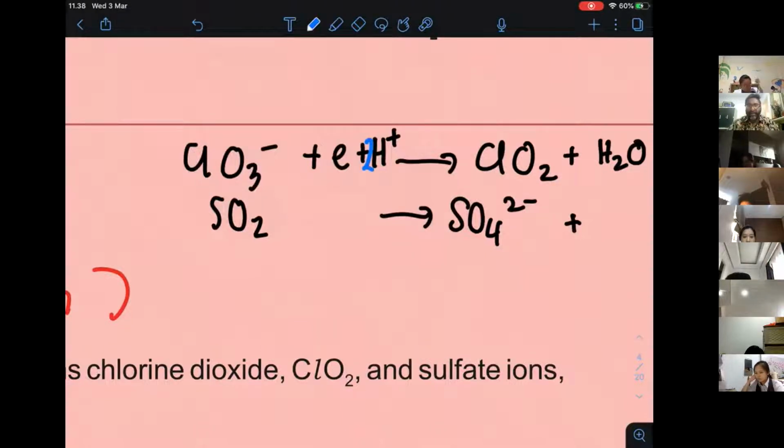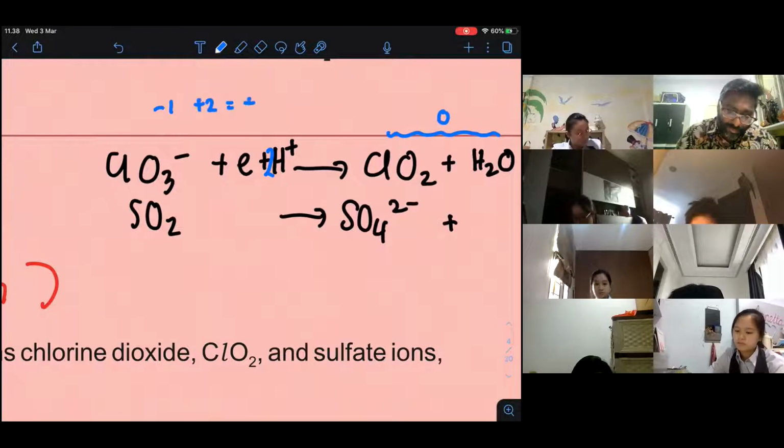And then we try to balance the electrons. How many electrons should I add? You see here on my product side the charge is 0, and at my reactant side I have -1 and then 2H plus, so it means +2. So I have a total charge of +1.